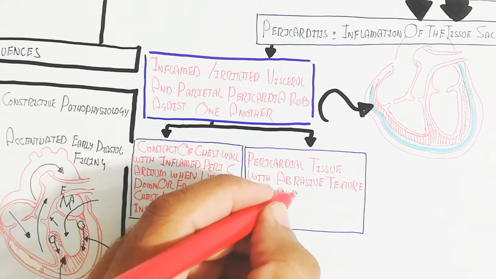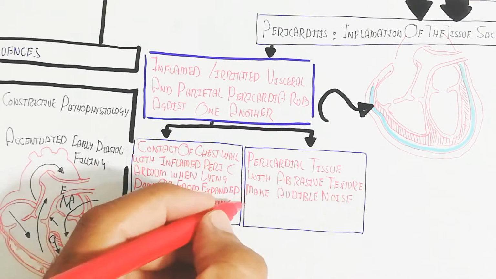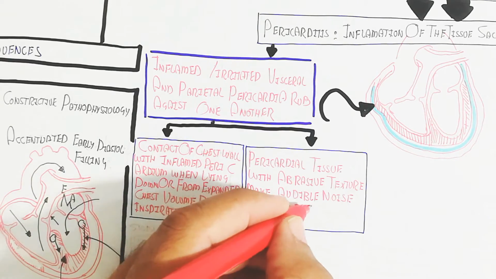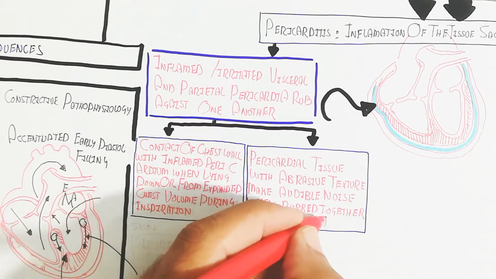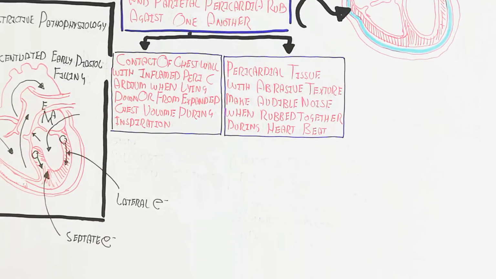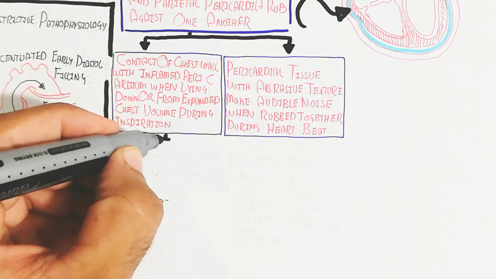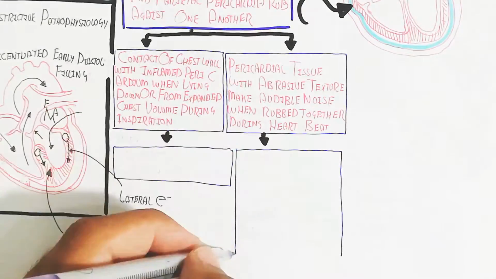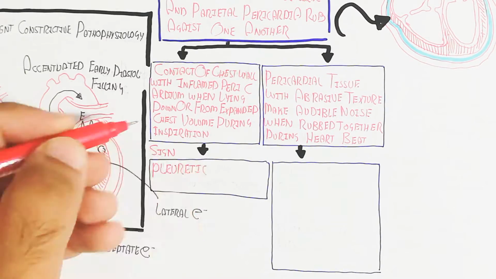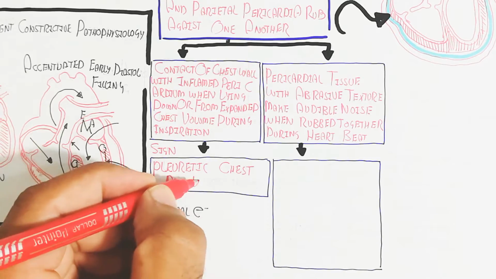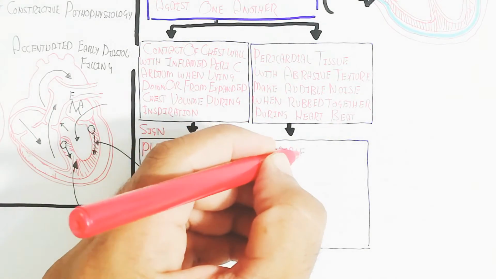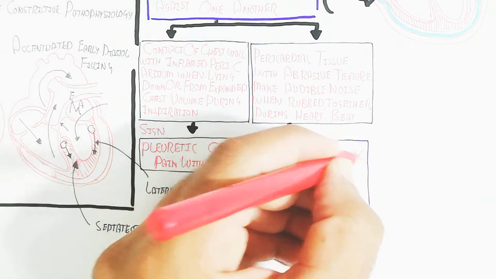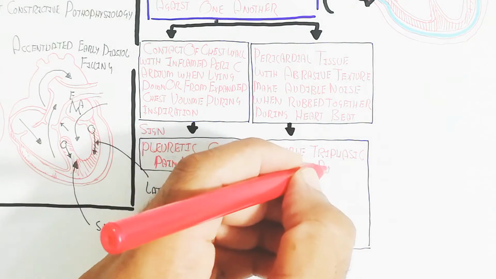The pericardial tissue, with its abrasive texture, makes an audible noise when rubbed together during the heartbeat. So we can listen through a stethoscope to identify pericarditis. A sign can be pleuritic chest pain with inspiration, because the dilation of the lungs increases the volume.